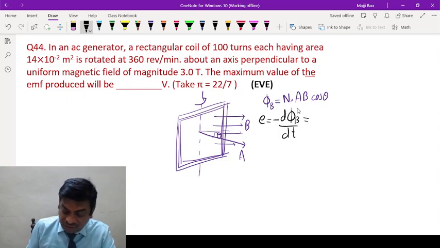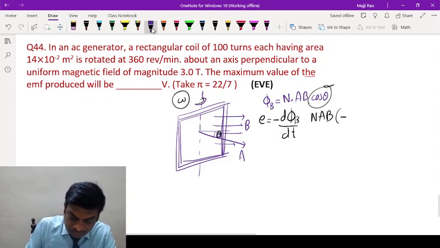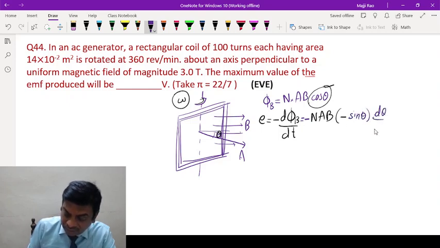As you differentiate this, N, A, B are constants, only theta is changing as the coil rotates. Let us say the angular velocity is omega. The derivative of cos theta is minus sin theta d theta by dt, and d theta by dt is omega.